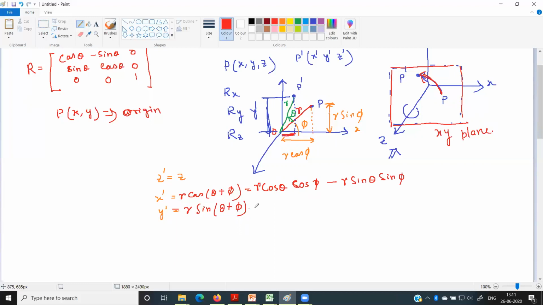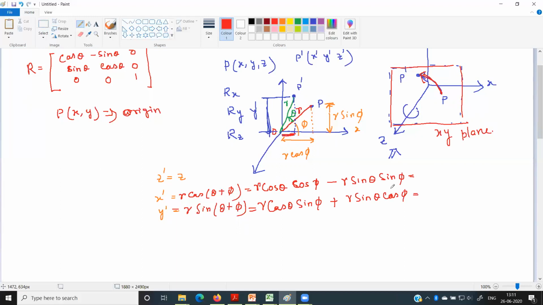And if you expand it, it will be r cos theta sin phi plus r sin theta cos phi.